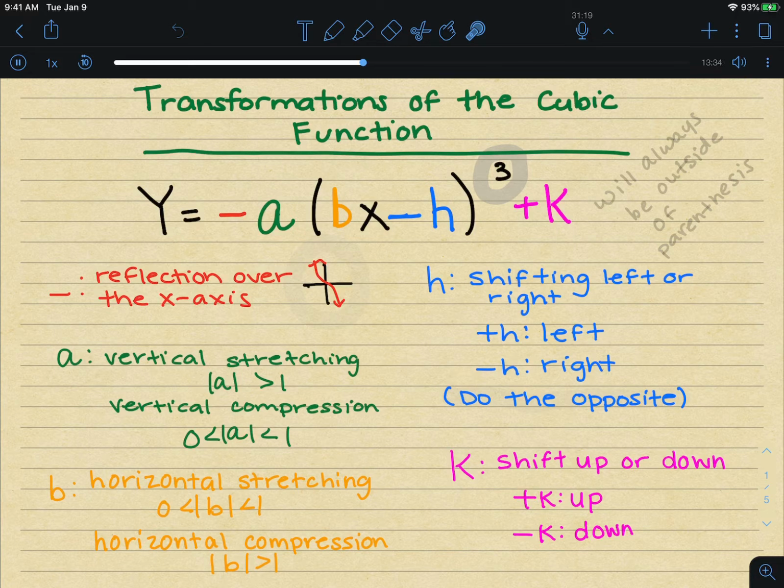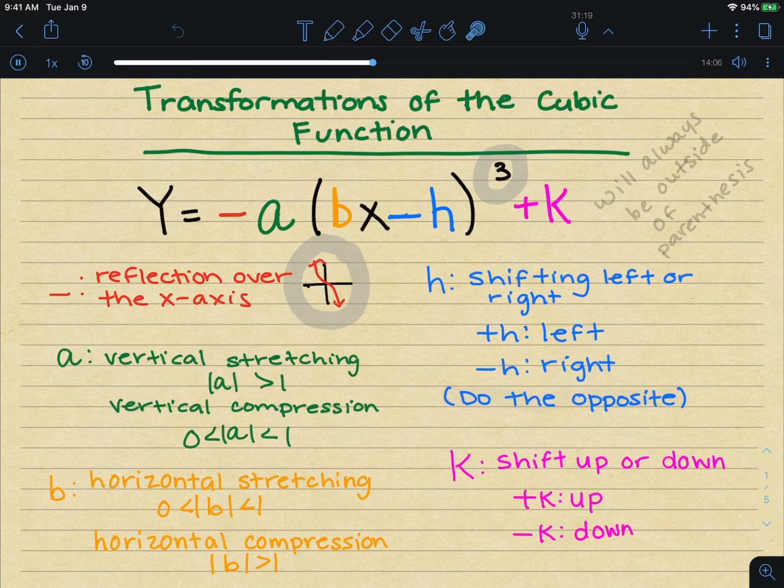The negative in front of the a in red basically represents a reflection over the x-axis, which means that now it's going to look a little bit different from the original function that I just graphed on the previous page. So whenever you do a reflection over the x-axis, is that going to change the way the function looks? No, but it is just going to flip it the way that you see right here. Okay, so this one's flipped from the way that I drew it in the previous one.